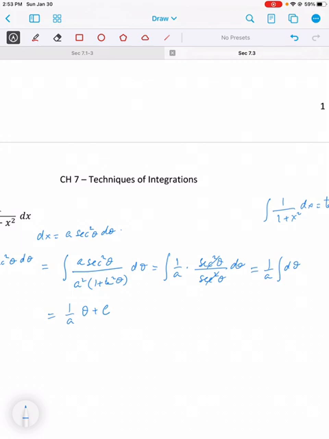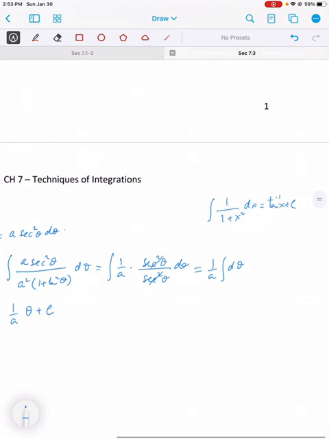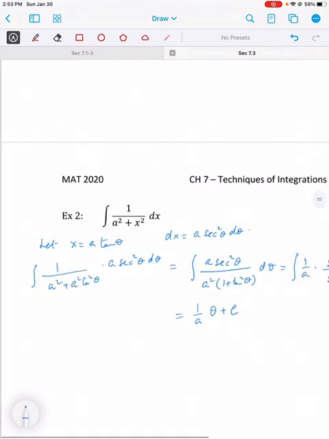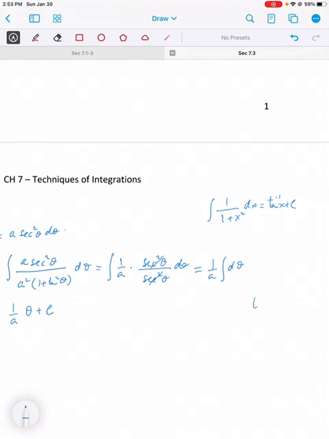But what is theta here? Well, you have to go back to your substitution. Think of what the substitution was. x is equal to a tangent theta, so that tangent of theta is x over a, so that theta is tangent inverse of x over a. So go back, substitute.